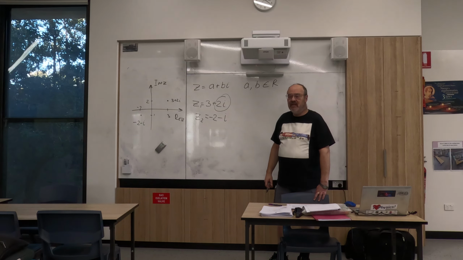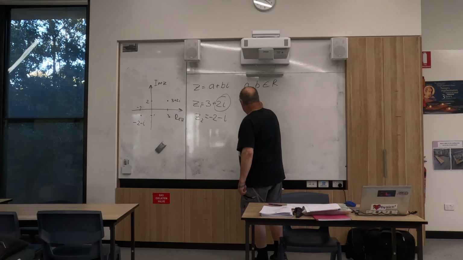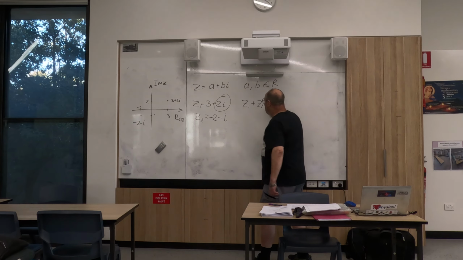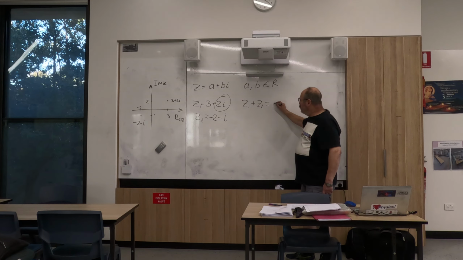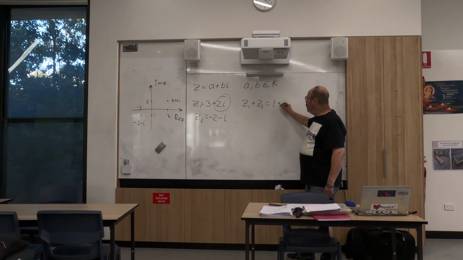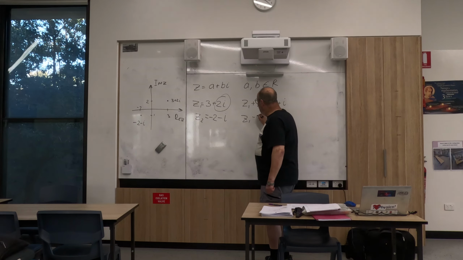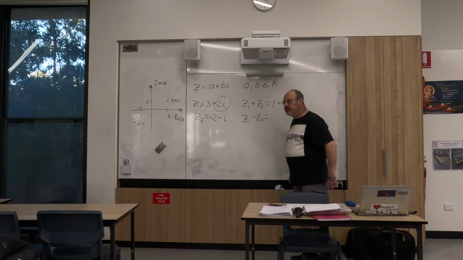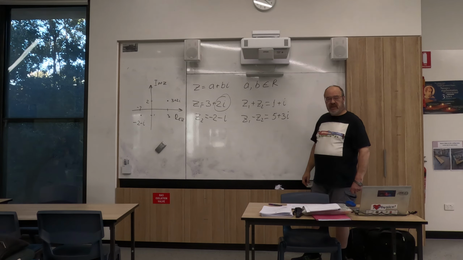So how do we add and subtract complex numbers? Very simple. If we add, for example, z1 plus z2, we add their real parts: 3 plus negative 2 is 1, and 2i plus negative i is i. So 1 plus i. What will be z1 minus z2? 5 plus 3i. Make sense?